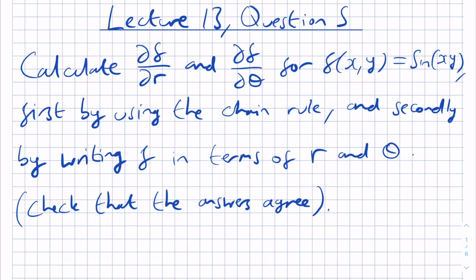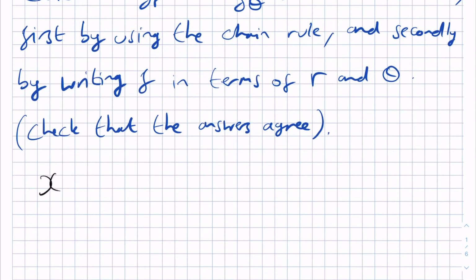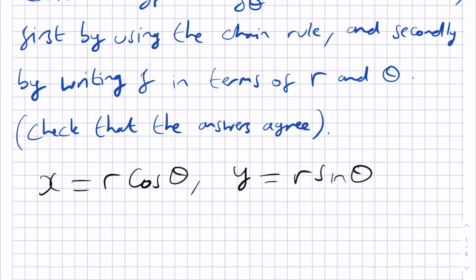First, it's worth recalling that we can relate Cartesian coordinates to circular polar coordinates by x = r cos θ and y = r sin θ.